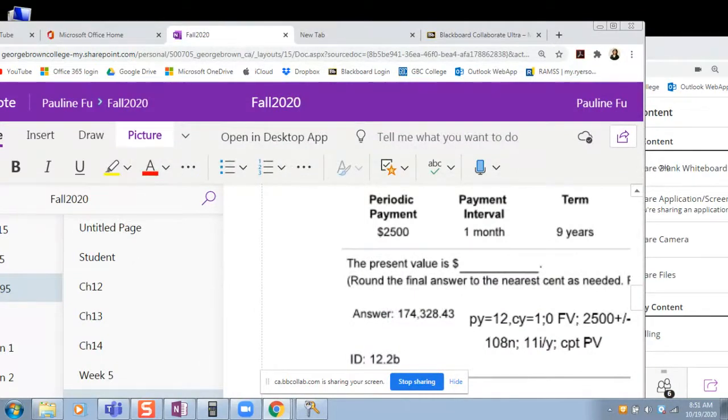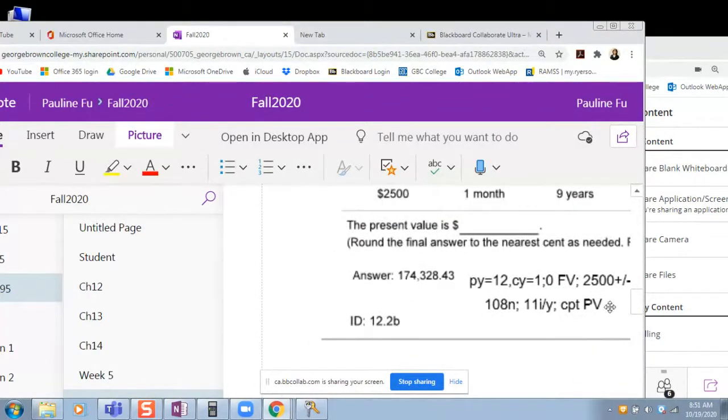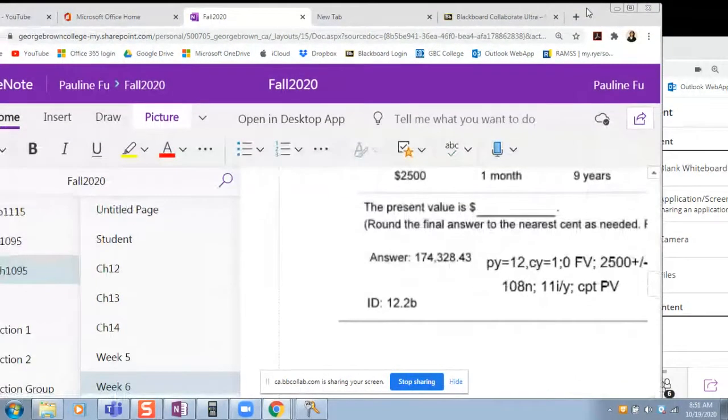So we just do questions by questions, okay? That is our plan. So just adjust my computer.